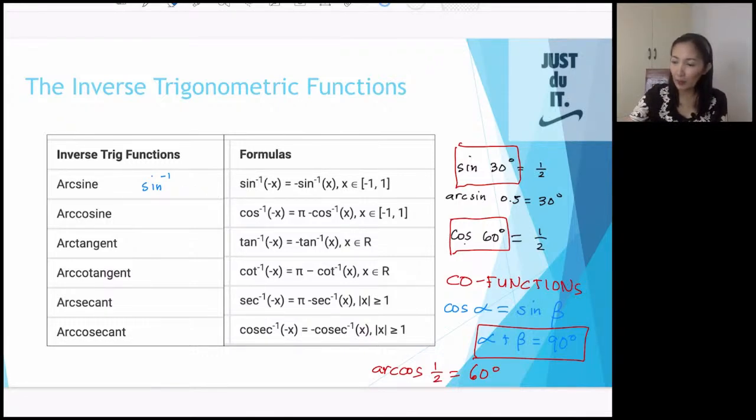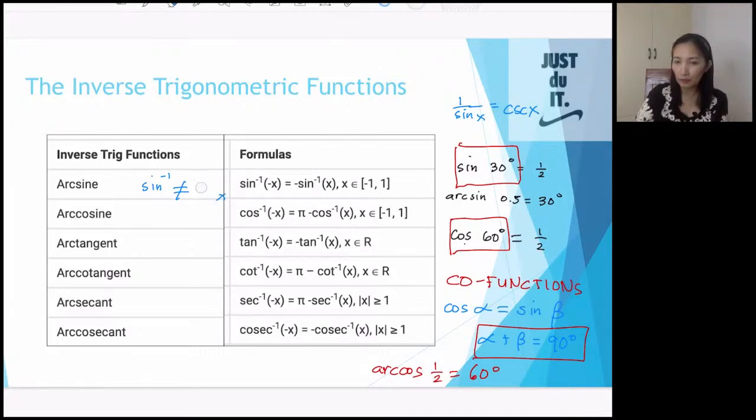Remember from our previous lesson or from your trigonometry that 1 over sine x is equal to cosecant x. So this is never equal to 1 over sine x.